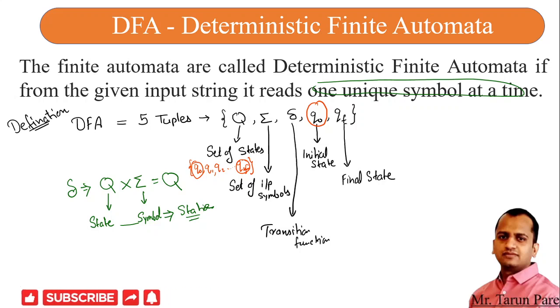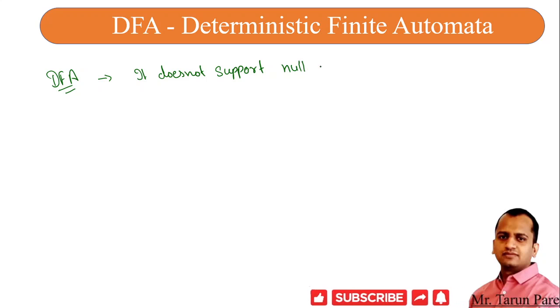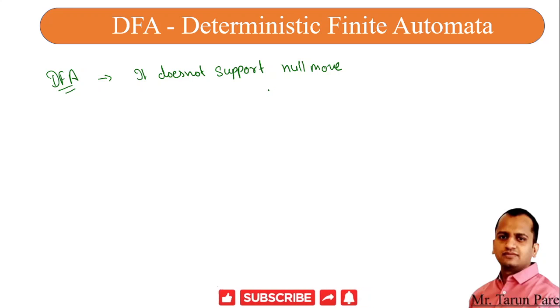Along with that, it does not support null move. Null move means empty move. When you do the NFA, at that time you will come to know the difference between a null move and why the DFA is not supporting null move.